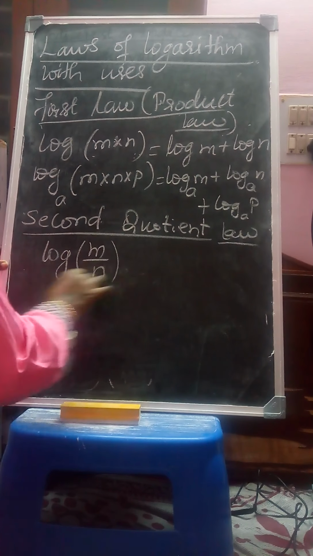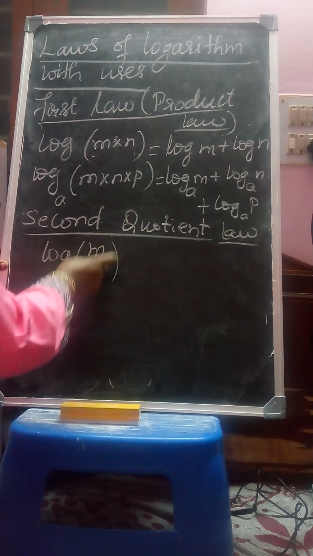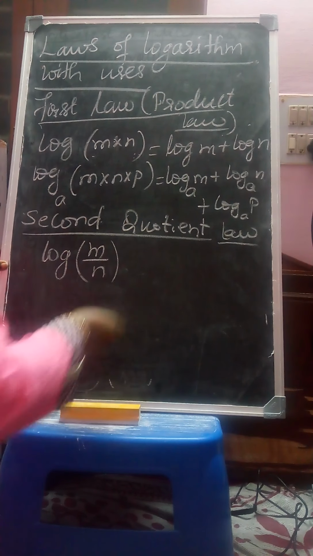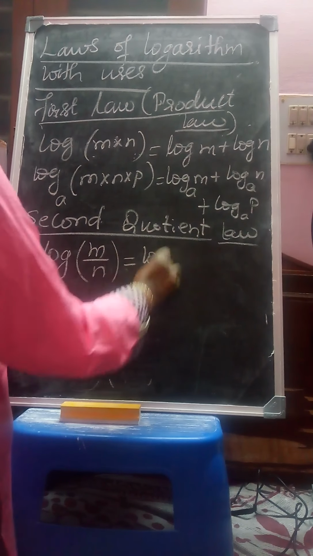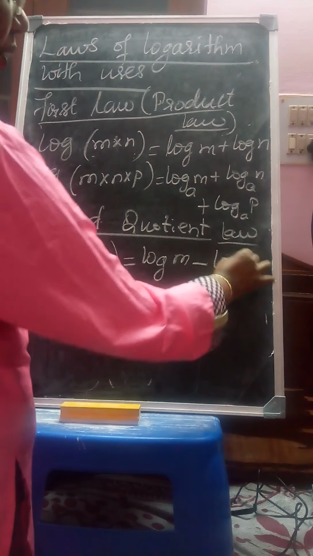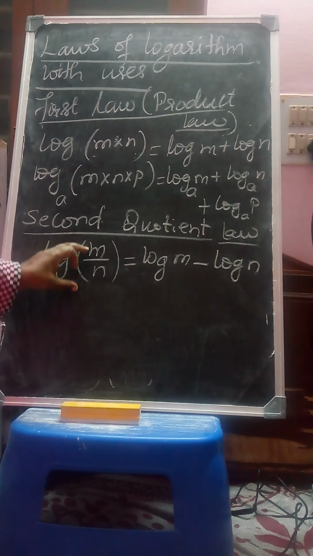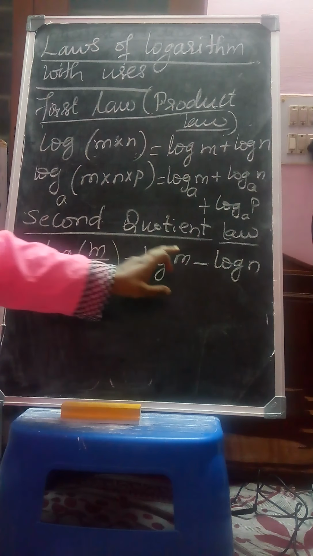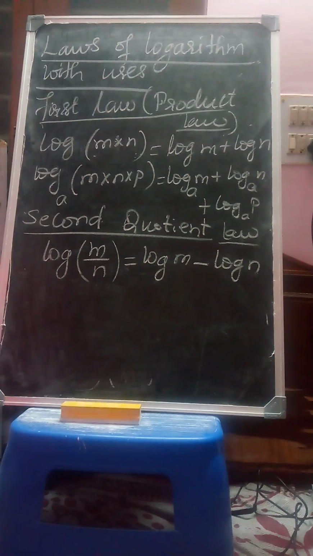Here it becomes log m minus log n. When it is a fraction, it is log of the numerator minus log of the denominator. This is your second law, the quotient law.